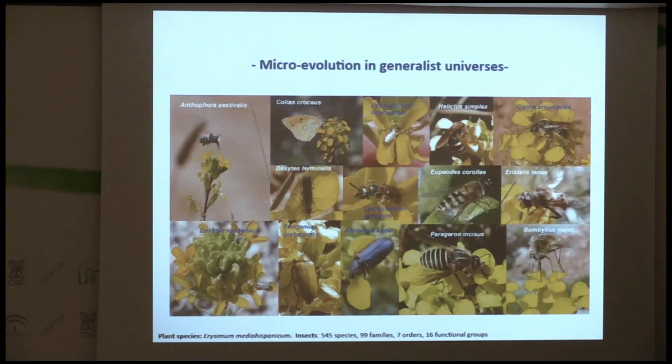That is the interaction between Erysimum mediohispanicum, a wallflower, a Brassicaceae very common in the east of the Iberian Peninsula, and the very diverse assemblage of pollinators visiting its flowers. You can see here that for one single species, there are more than 500 species belonging to almost 100 families of insects, 7 orders, and if we group them in functional groups, at least 16 functional groups.